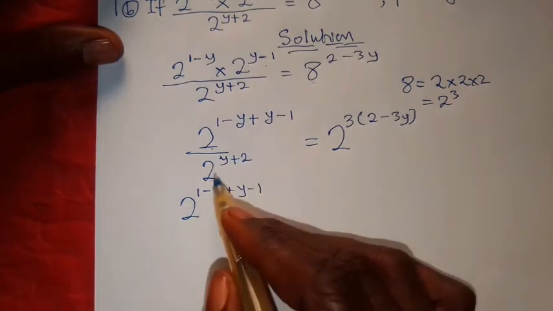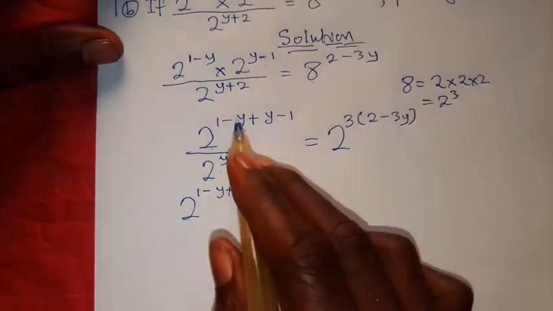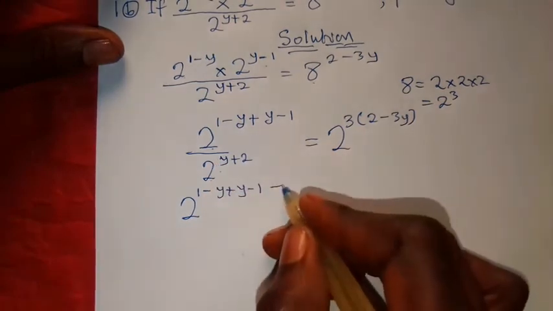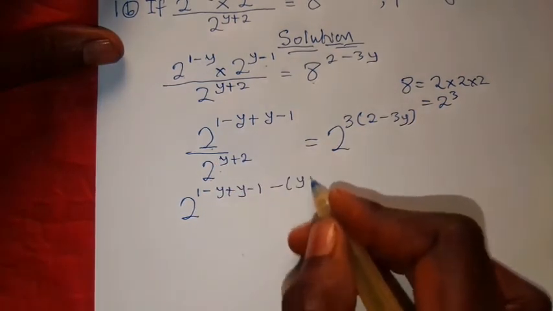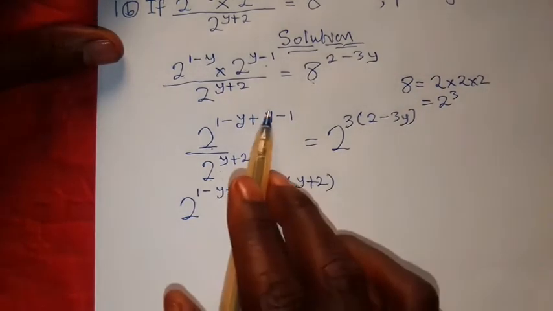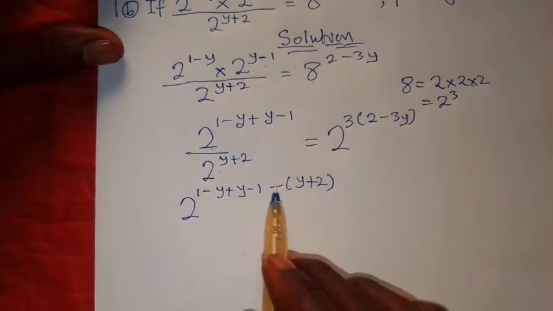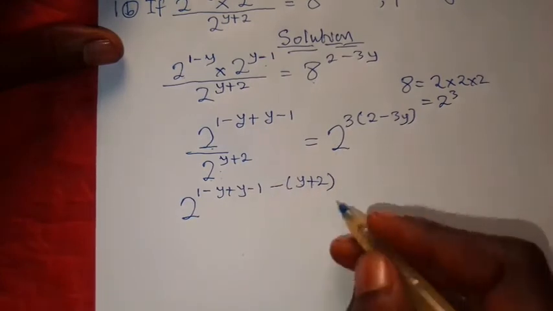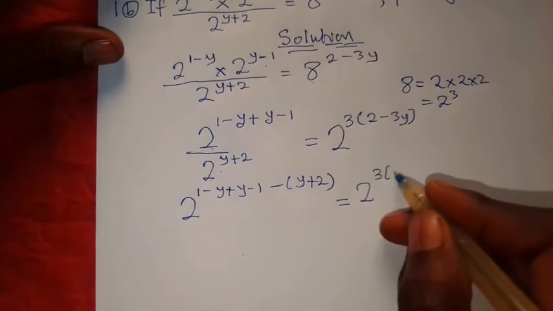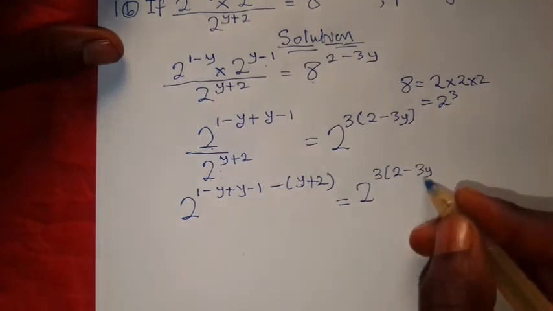And because we are bringing the denominator here up, this is division, the power here will be negative. So I'll come to say minus, open bracket, y plus 2, because this y plus 2 is coming from the denominator and coming up. So we have to show that by putting the negative sign here. Then all should be equals to 2 power 3 into 2 minus 3y.